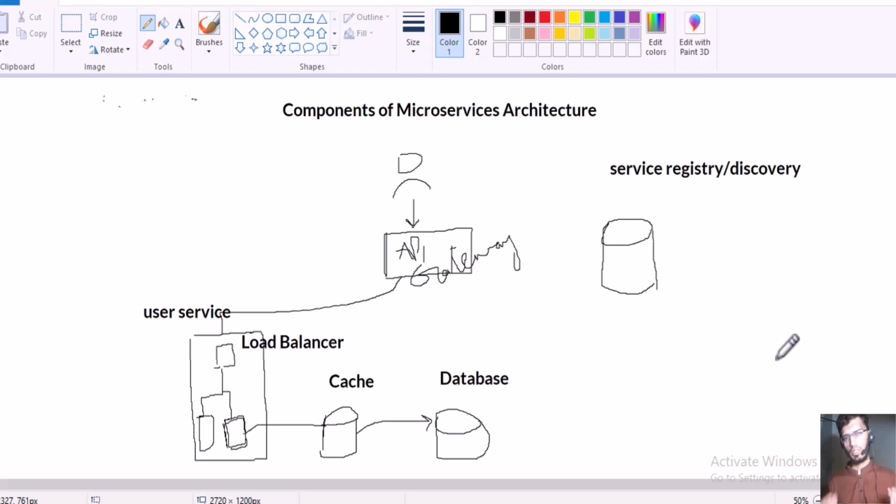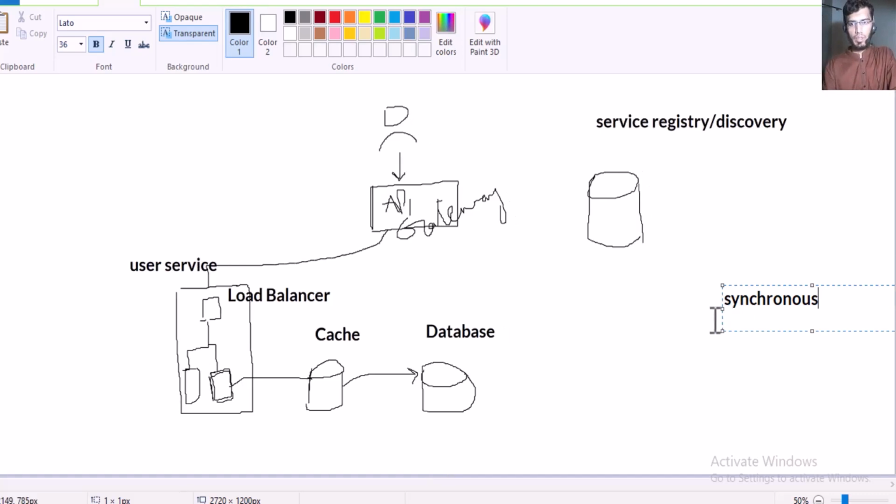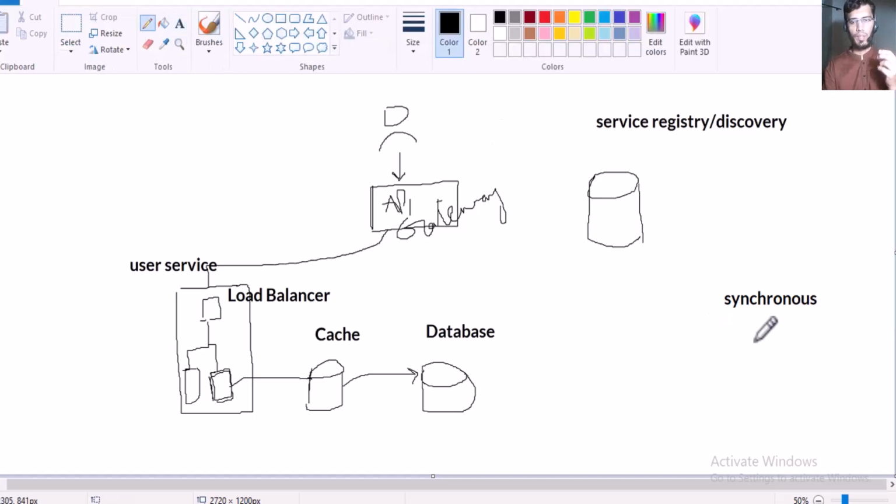Now keep in mind that there are two types of communication between services. The first one is synchronous communication, and the second one is asynchronous communication. Synchronous means that a service has to wait for the reply from another service. For example, consider again this payment service.